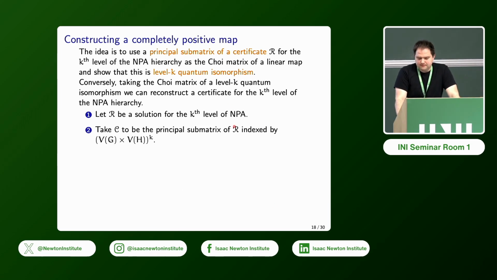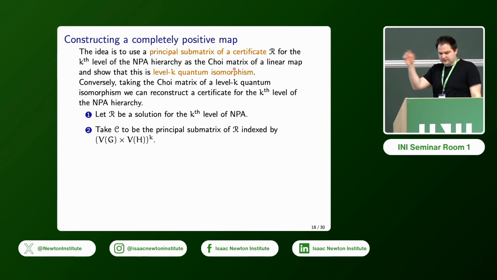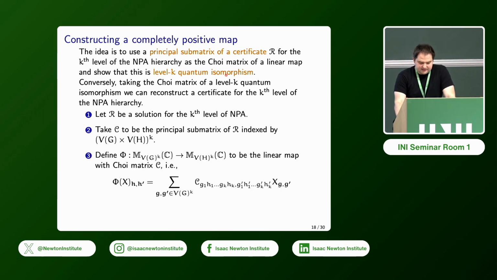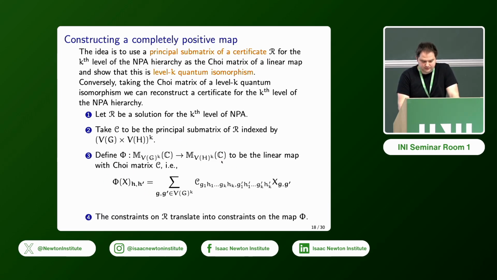So we have a solution for the kth level of the NPA hierarchy for the GH isomorphism game. The principal submatrix of R is indexed by this kind of set: the vertices of the two graphs and the k-tuples of those. Then we define a linear map between these matrix algebras to be the linear map with the Choi matrix defined like this on the principal submatrix.